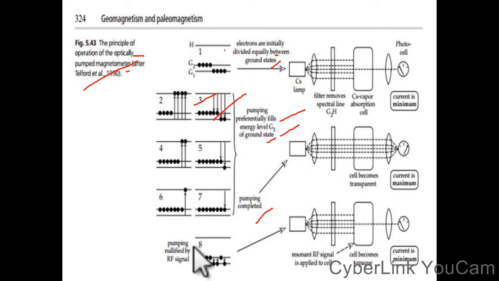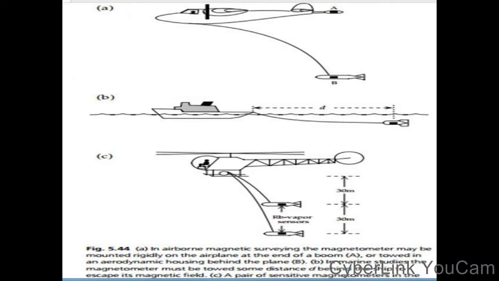Pumping complete, pumping nullifies the RF signal. Current minimum, current maximum, current minimum. The lamp filter removes the G2 edge. This diagram is very important.